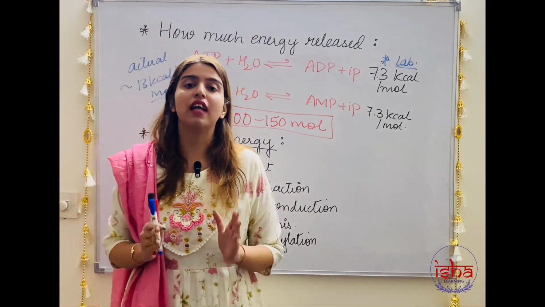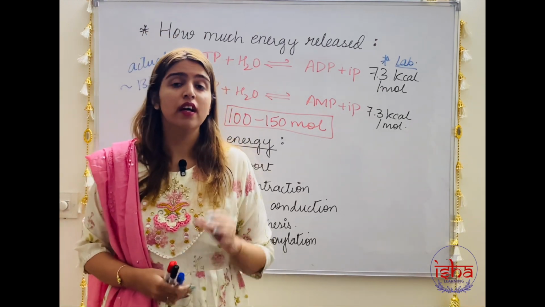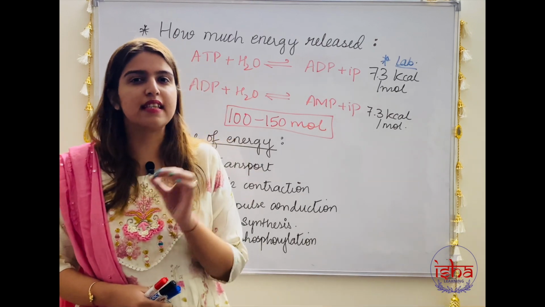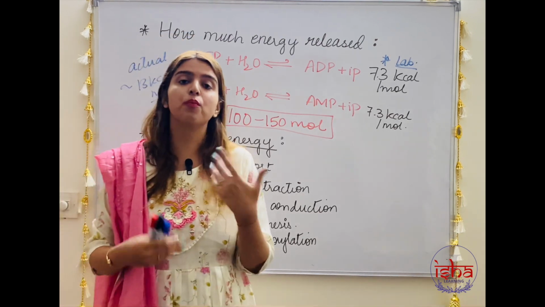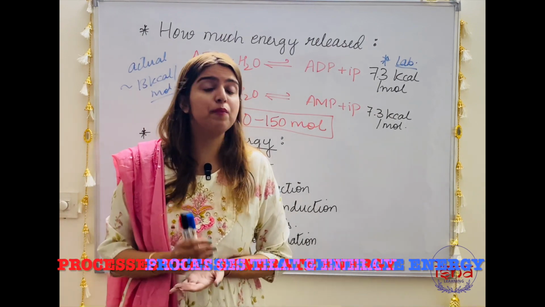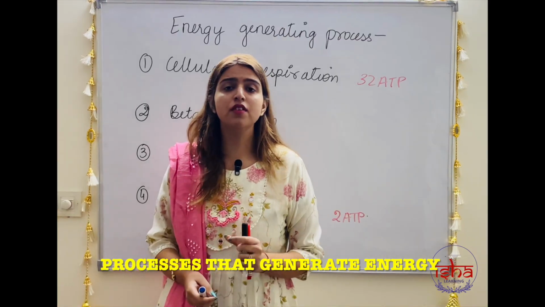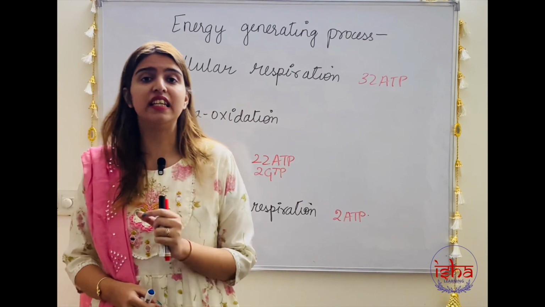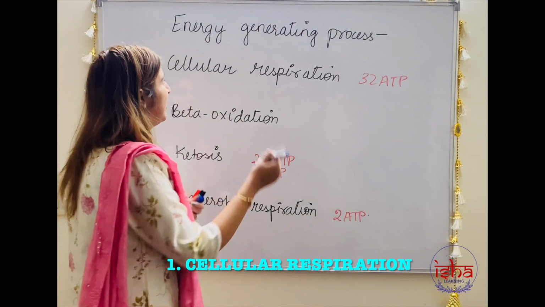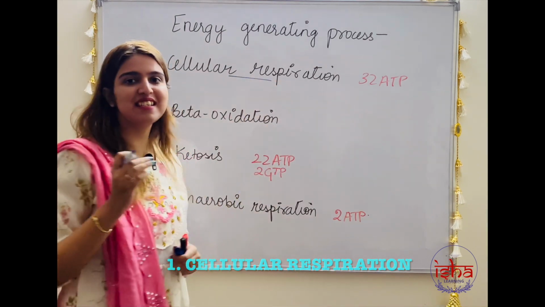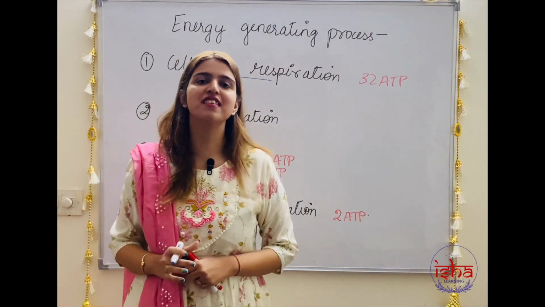Now let's come to the last part of today's video: what are the processes that release energy in the cell? That is, the processes that cause ATP generation. The first important energy yielding mechanism in a cell is cellular respiration, and cellular respiration is exactly what we're talking about in this series.